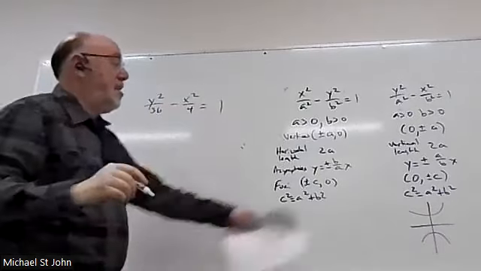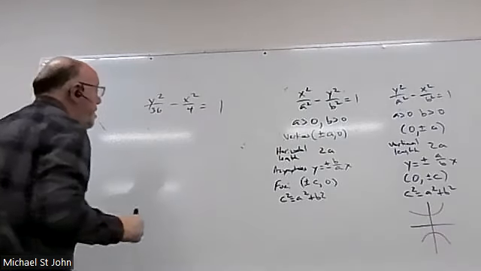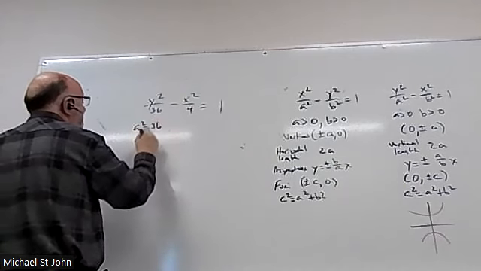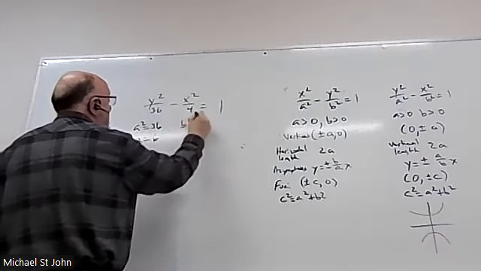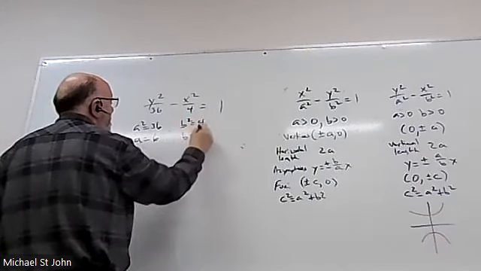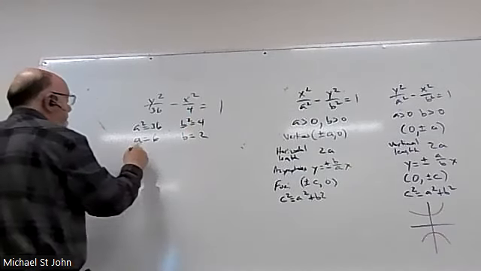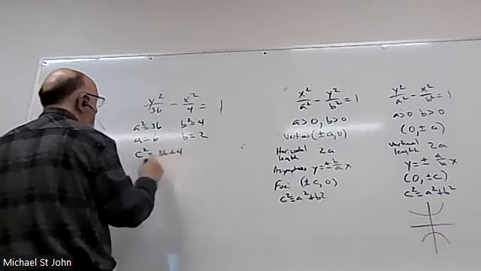So now we're in this form, so centered around the y-axis. And so a squared is 36, which means a is 6. B squared is 4, which means b is 2. And so c squared is equal to 36 plus 4.